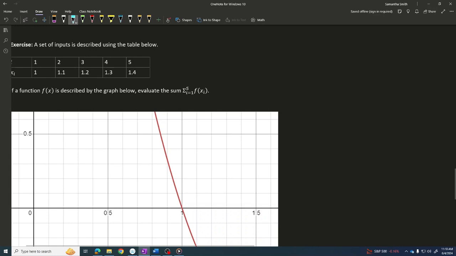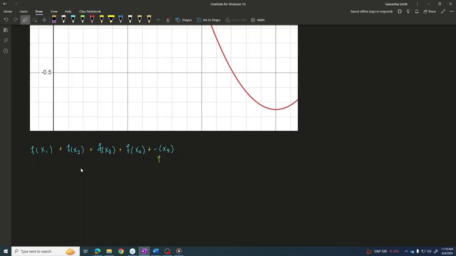Now, once again, this summation notation is telling me to evaluate the function f at these 5 x values. And in this particular problem, those 5 x values have changed. Now, the first x value is 1, the second is 1.1, the third is 1.2, the fourth is 1.3, and the fifth is 1.4.